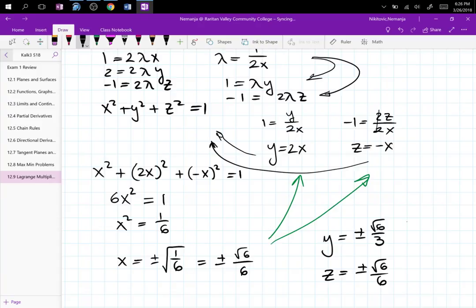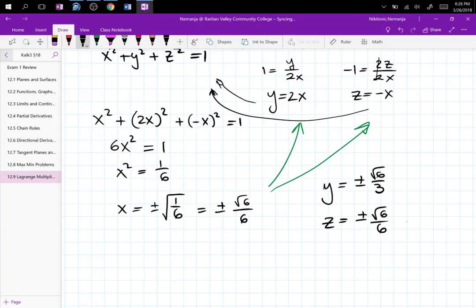So there they are, and this is actually 8 points, right? This is 8 points. So the first point will start as root 6 over 6, and then root 6 over 3, and then root 6 over 6. So that's 1.